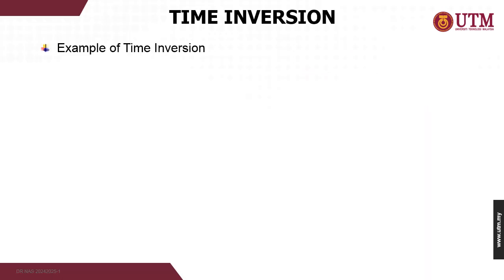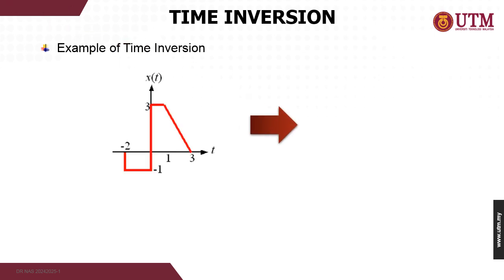Let's look at another example on time inversion. This is the original signal. What happens when you have a new signal y equal to x(minus t)? With time inversion, there's a negative inside the bracket, so it's a time-based operation. What you need to do is first draw the axis. All positive t become negative t and negative t become positive t. So 3 becomes minus 3, 1 becomes minus 1, and minus 2 becomes 2, but the amplitude remains the same.